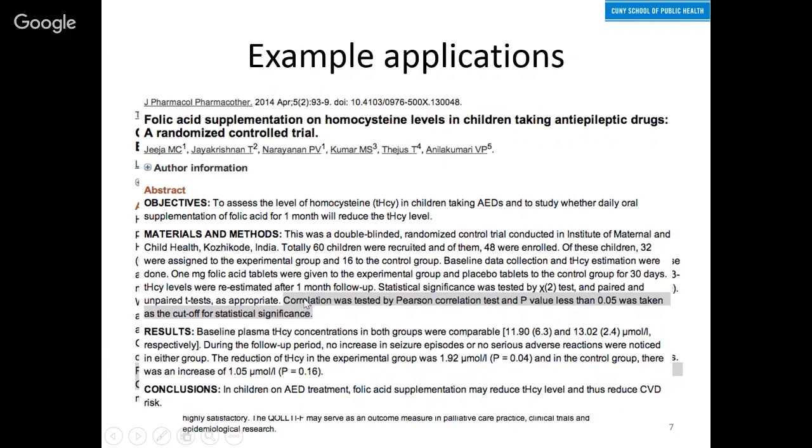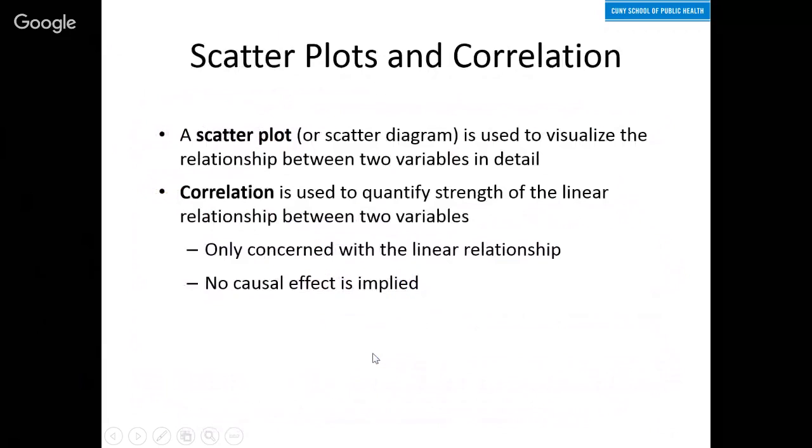They did a lot of different tests here. The reduction of THCY in the experimental group was 1.92 micromoles per liter, and in the control group there was an increase. Okay, so that's something that they did by t-test. I don't see where their actual conclusions relating to correlation are here. But they used it.